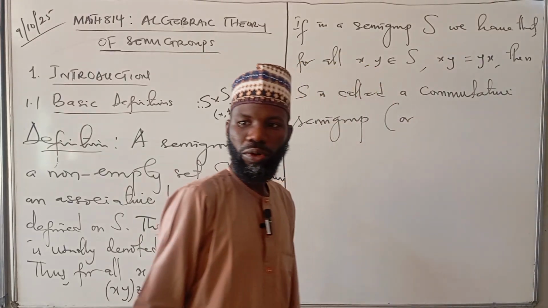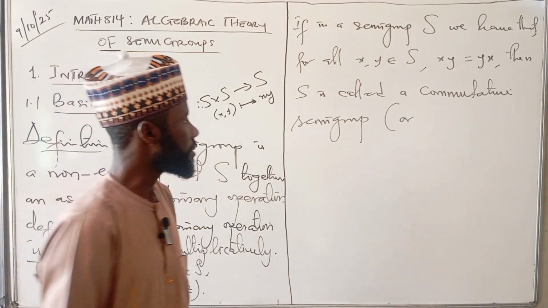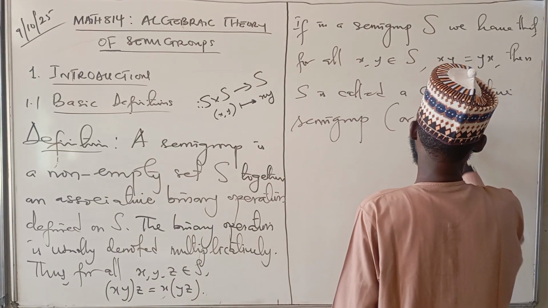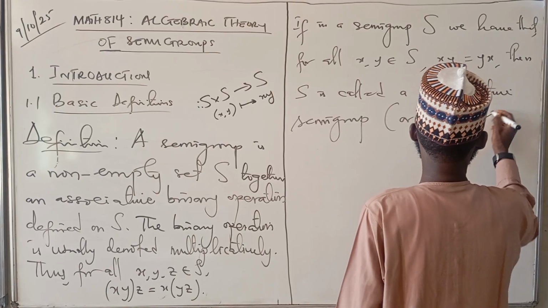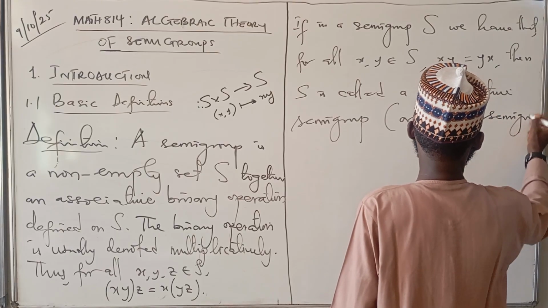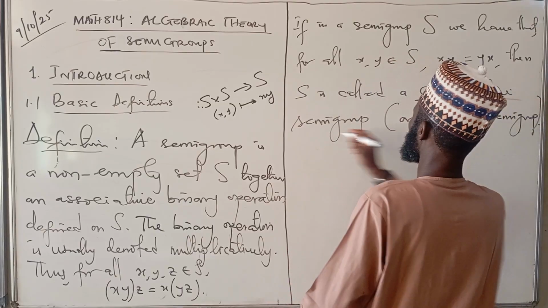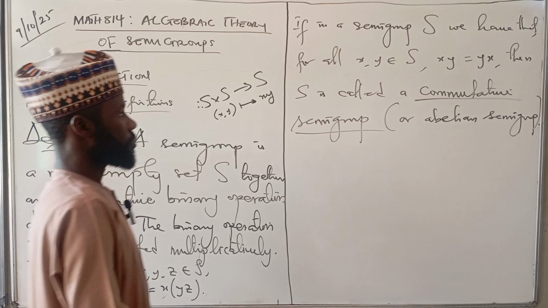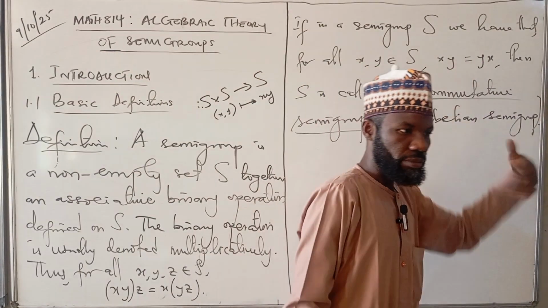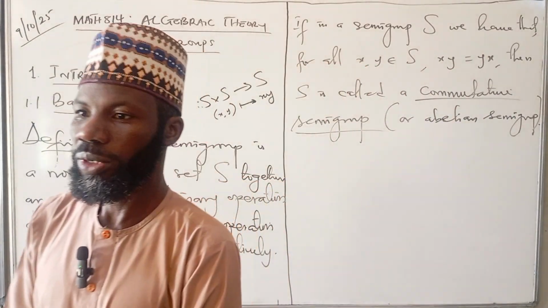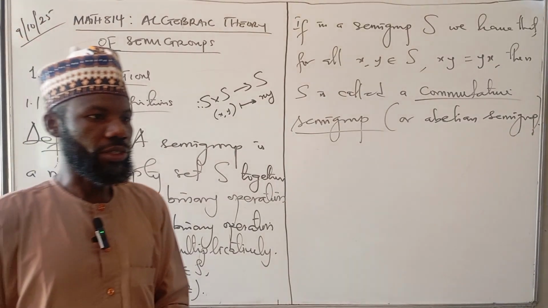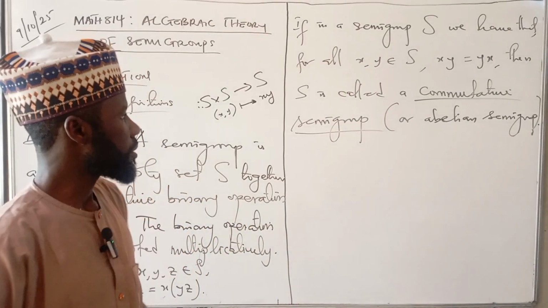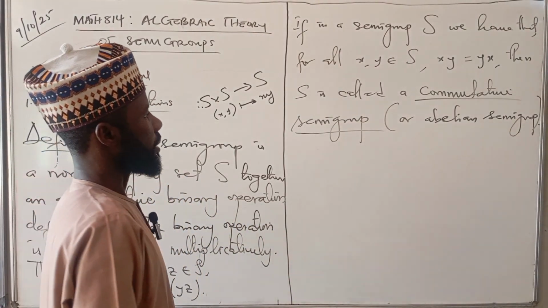Sometimes the word abelian is used, but it's not very common, because we use abelian mostly for groups. The phrase commutative semigroup is okay. If the operation is commutative, then you call it a commutative semigroup. We know what commutativity is. It's like when you are adding numbers: 2 plus 3 is the same thing as 3 plus 2. So that is commutativity.